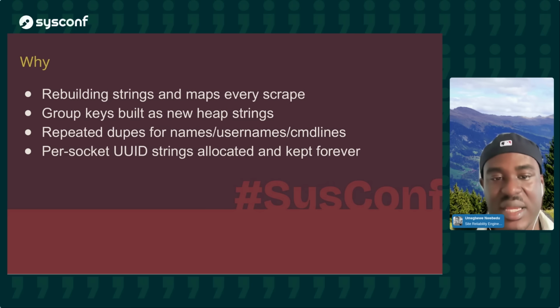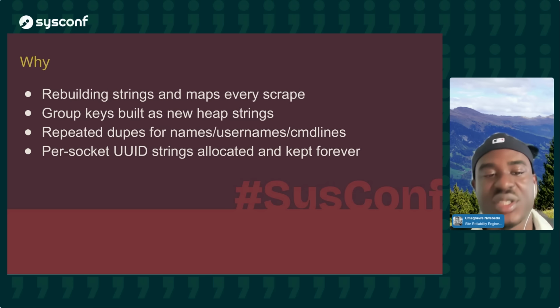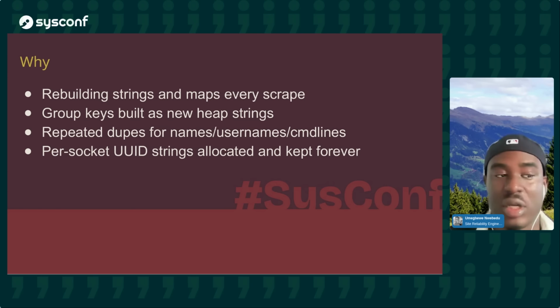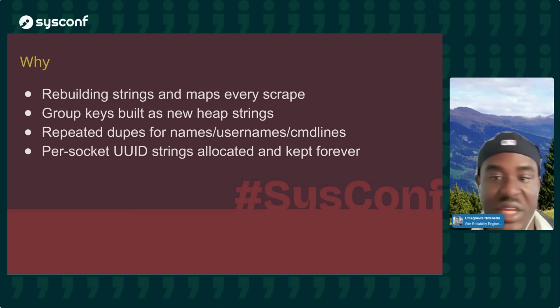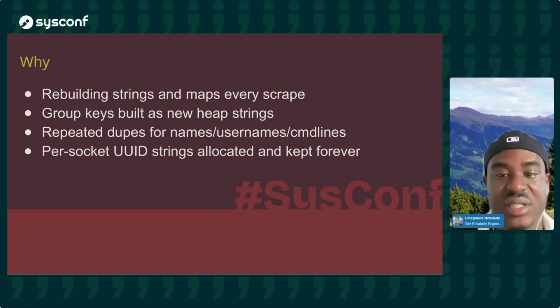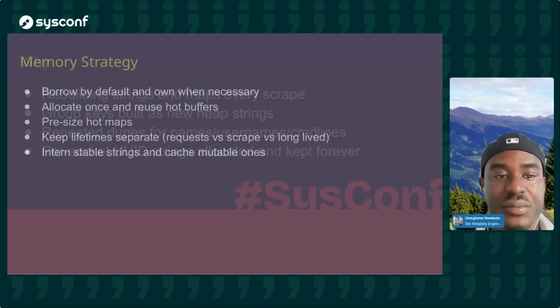All of these things are quite static. Even the process names don't change a lot. And from our network stat implementation, we allocate for the UID strings and keep them forever, even when that socket has probably closed. So this was the reason why we were facing all of these issues.